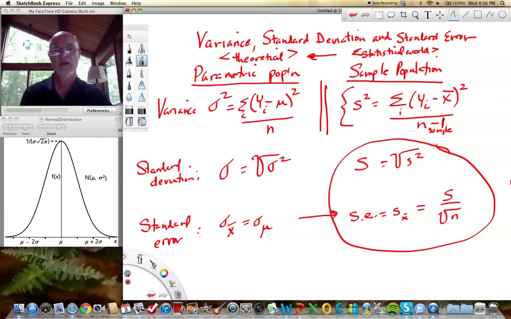Okay, so when do we use standard deviation of observations, and when do we use standard deviation of the mean, i.e. the standard error?